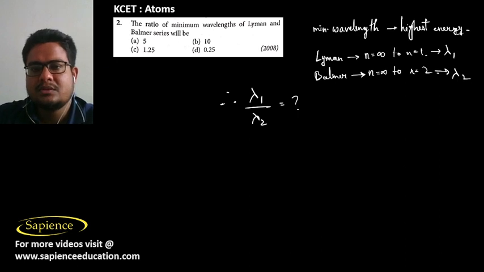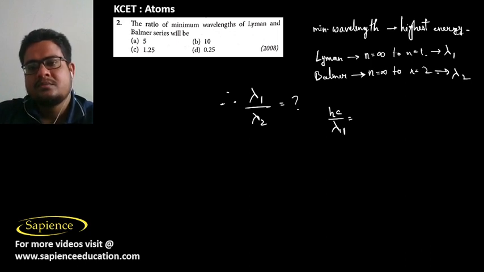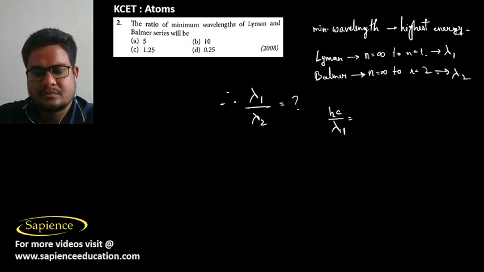Now we know that hc by lambda 1 is equal to 13.6 electron volt into (1 by n1 square minus 1 by n2 square).